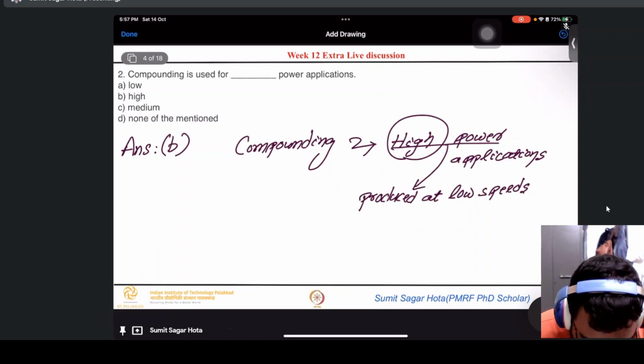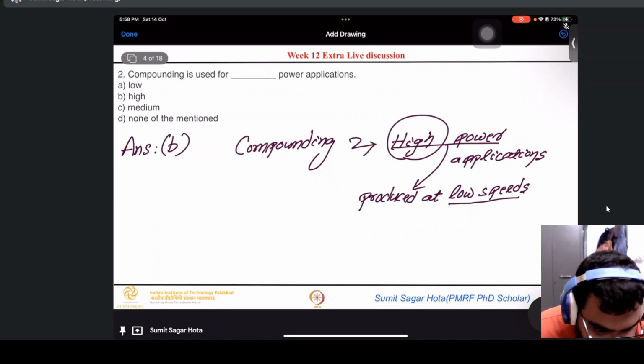So if the power is low, that means the speed will be high. So two questions can be formed: if they ask in terms of speed you can answer, and if in terms of power, you can also answer. So two ways are possible.